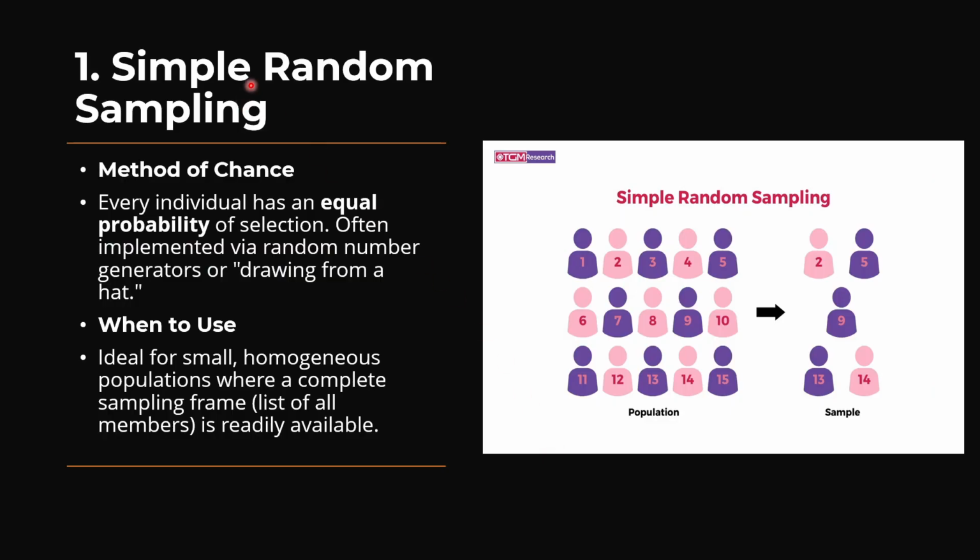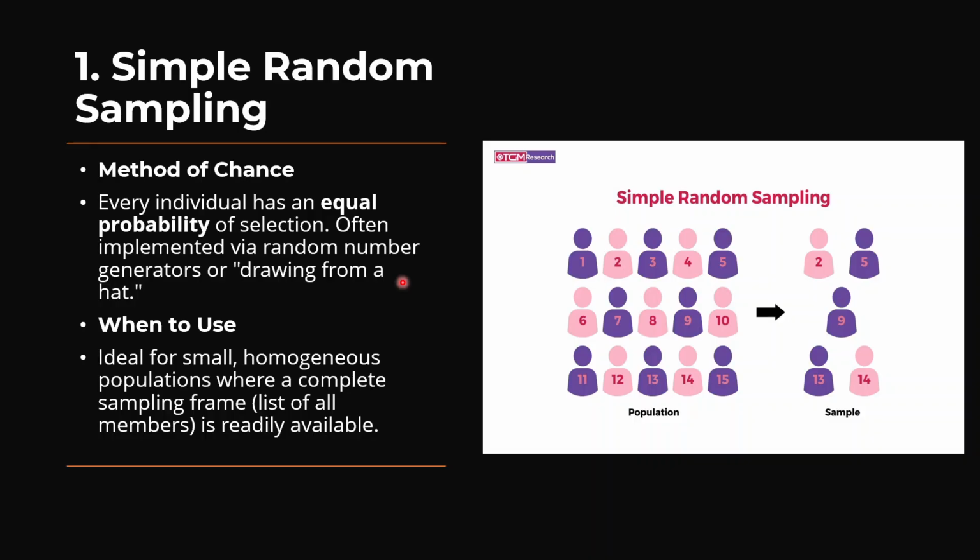Some of the techniques that we use for probability sampling are: first one, simple random sampling. We abbreviate it as SRS. Here every individual has an equal probability of selection, often implemented via random number generators or drawing from a hat. Basically it is like a lottery method, right?